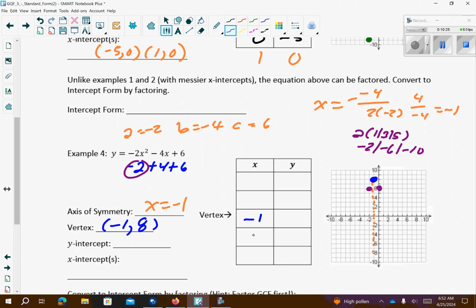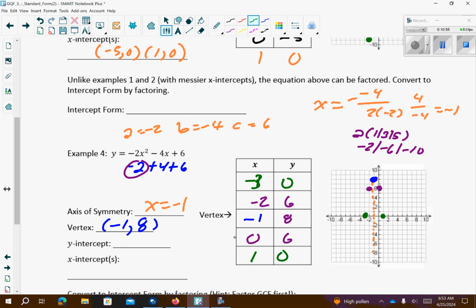That's going to give me a point at 0, 6, and at -2, 6. My next pattern graph, I'm going to use 6, so I'm going to go right 1 down 6, left 1 down 6. So that's going to give me 1, 0 here, and -3, 0 here.